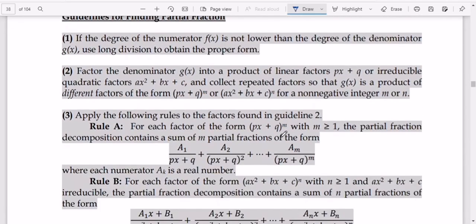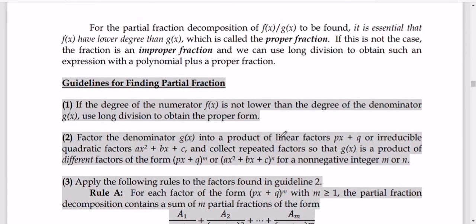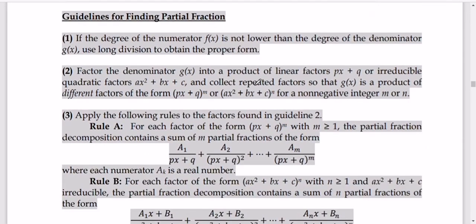So here are the guidelines for finding partial fractions. The first guideline is: if the degree of the numerator f of x is not lower than the degree of the denominator g of x, use long division to obtain the proper form. Later we will have an example that fits this guideline.